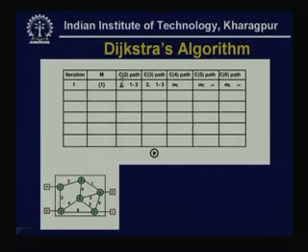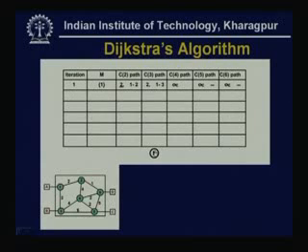The cost for the path from 1 to 2 is 2, and the cost from 1 to 3 is also 2. Since from 1 we don't know the cost for 4, 5 and 6 right now, these are given as infinity. So there is no known path to 4, 5 and 6, and the cost is infinity in the beginning. This is after the first iteration.